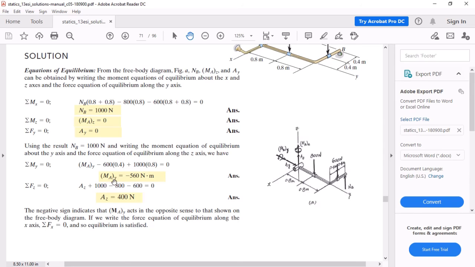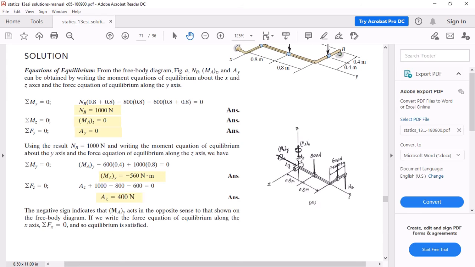Apply the equation of equilibrium، moment about A in the y direction عبارة عن minus 560 نيوتن متر. النيجاتيف ساين معناها انه هي مش بالدايركشن اللي احنا فرضناه، هي عكس الدايركشن اللي فرضناه، راح تكون clockwise مش counter clockwise.